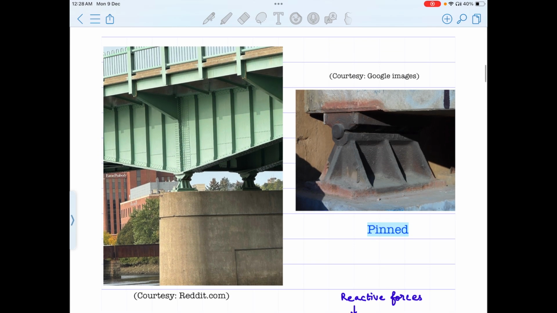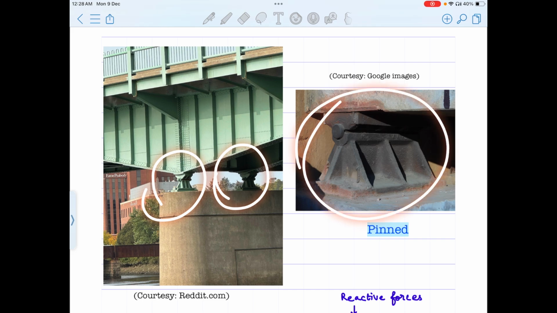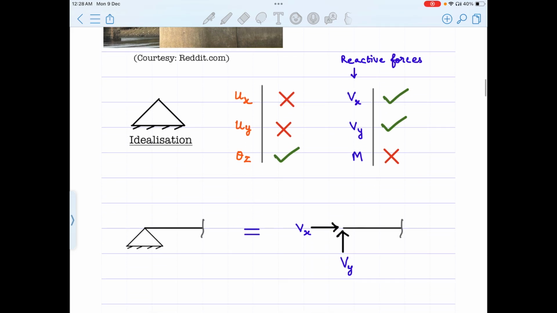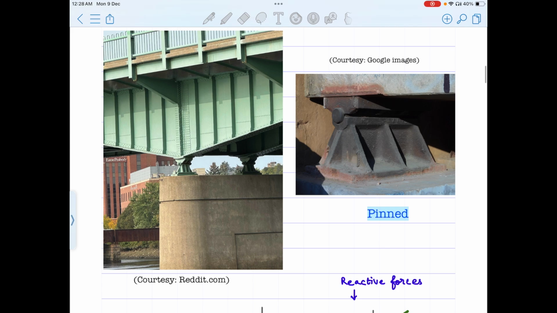The second one is the pin support. Okay, we see this pin support here. How are we going to idealize this? The idealization is something we are familiar with already. The idealization looks like this. In this case, you can see that this is not going to allow this movement and this movement. However, the girder can undergo rotation, right?